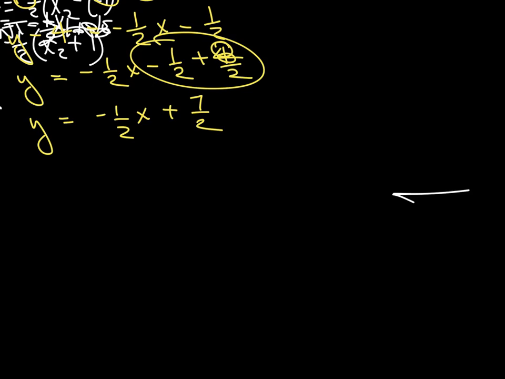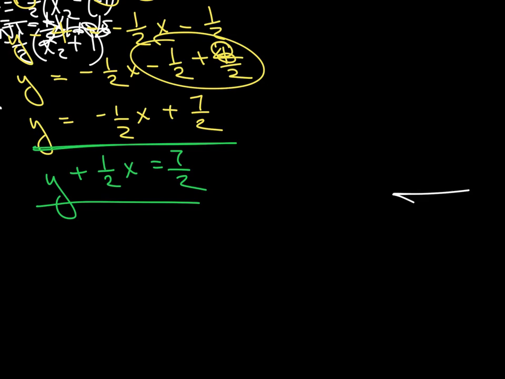Okay, so there's what we've got right there. Now they're asking us to put it in standard form, which means we get our x's and our y's together. Okay, and we have an answer like that. If we want to leave it as a fraction, or if you don't like the fractions, you multiply the whole thing by 2.